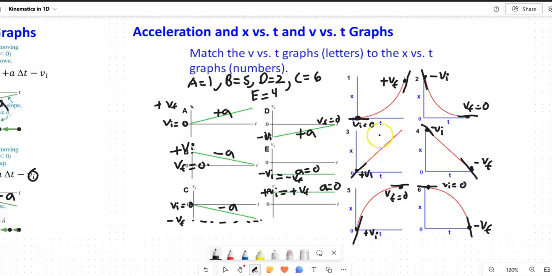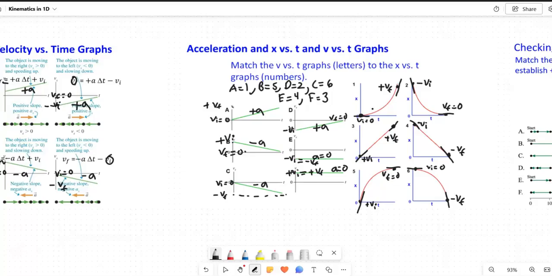All right, which looks like this one. So those two slopes are the same. So that means F is equal to 3. I believe that's a quiz question too.